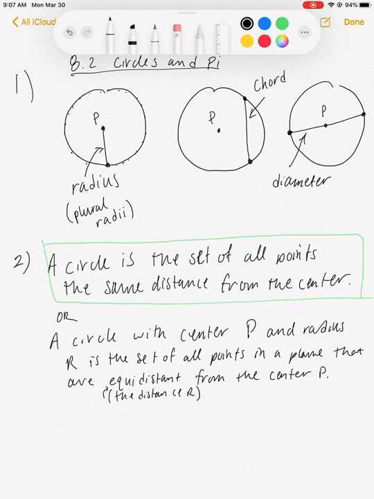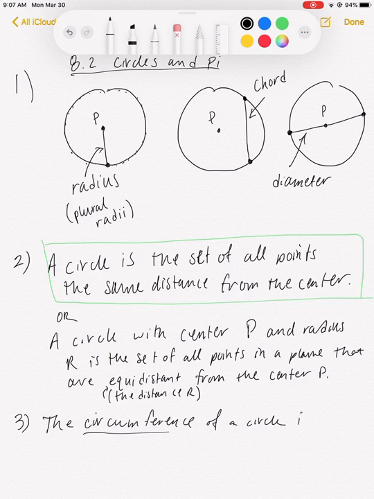Okay, the circumference of a circle. So that's number 3. Some more definitions here. The circumference of a circle is the distance around the outside of the circle.